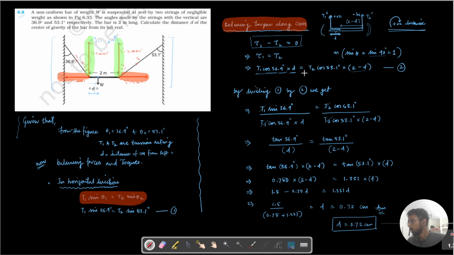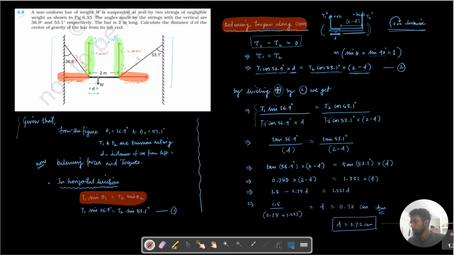On this side, the force acting is T2 dash, and the value of T2 dash is T2 cos theta 2, T2 cos 53.1 degree, and the position vector is 2 minus d. We have written it here.